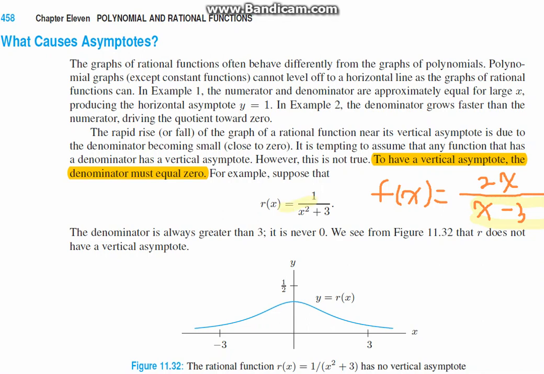But if we take a look at this one, this will never equal 0, because x squared can never be negative, so it's always going to be bigger than or the same as 3. So we know that the graph is going to look like this, and there is no vertical asymptote anywhere. So if you want a vertical asymptote, we have to try to set the denominator to 0, and if there is no solution, then there is no vertical asymptote.